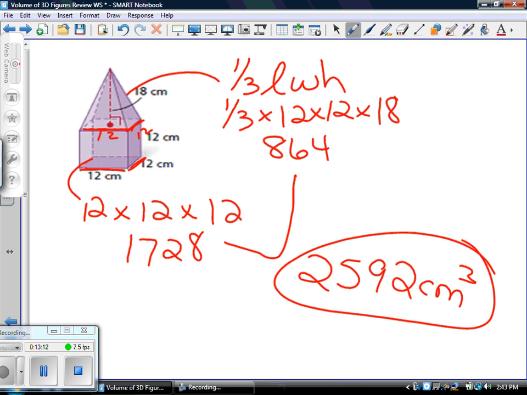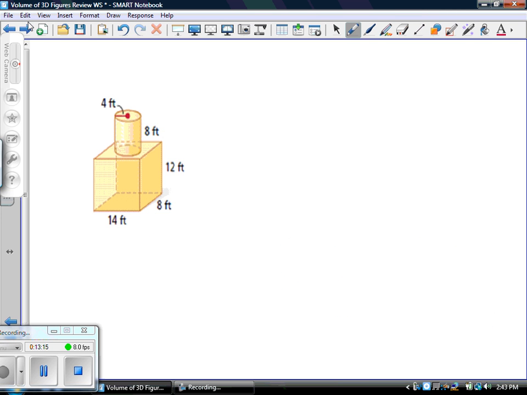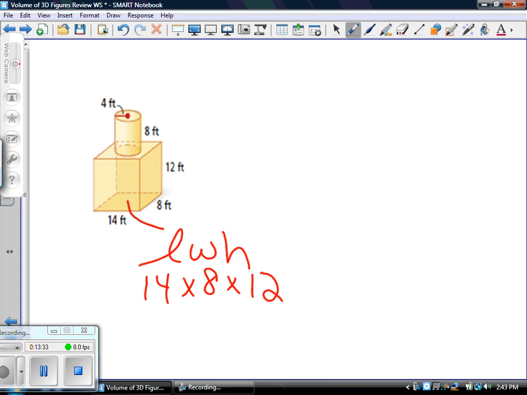Let's try another one. So in this next one, you see now a rectangular prism with a cylinder on top. So we just need to work with both of the formulas for each of those separately, and add them together. So now our rectangular prism, length times width times height, so 14 times 8 times 12, that will give us 1,344.